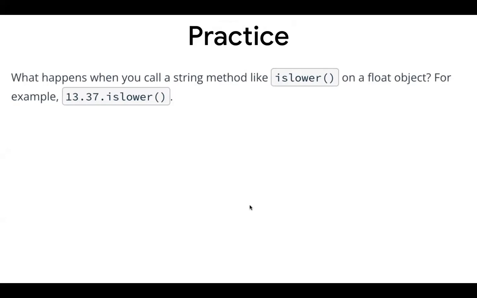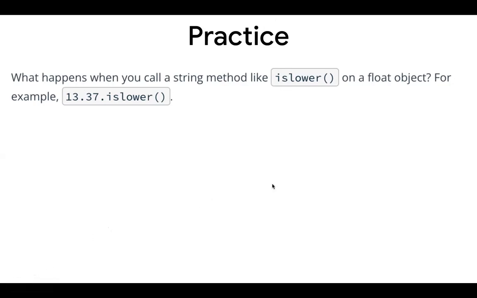Okay, error. Why error? Any other ideas? Because it's a number, not a string. Yes, exactly. So is lower is the string method, and this is the float, right? Yes, good, Rati. Thank you.